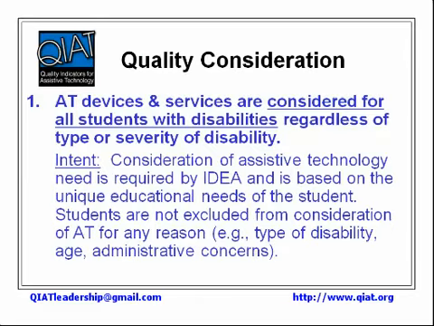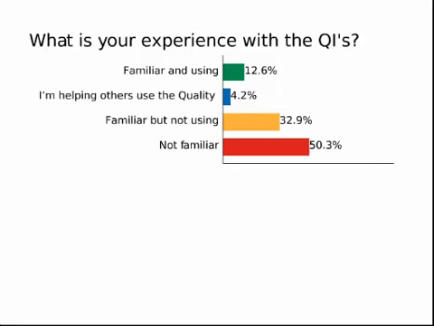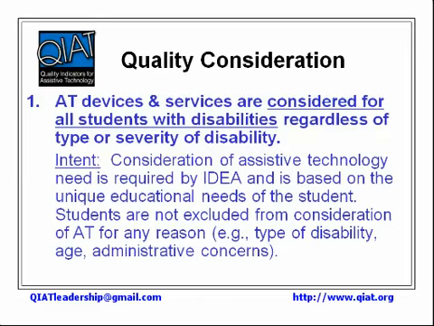Okay, so we'll begin looking at the quality indicators. Number 1 is AT devices and services are considered for all students with disabilities, regardless of the type or severity of the disability. So this indicator reminds us that the legal requirement to consider the need for AT applies to all students with disabilities. In the past, AT was rarely considered for students with mild disabilities, but we know that AT can make a difference in their lives.